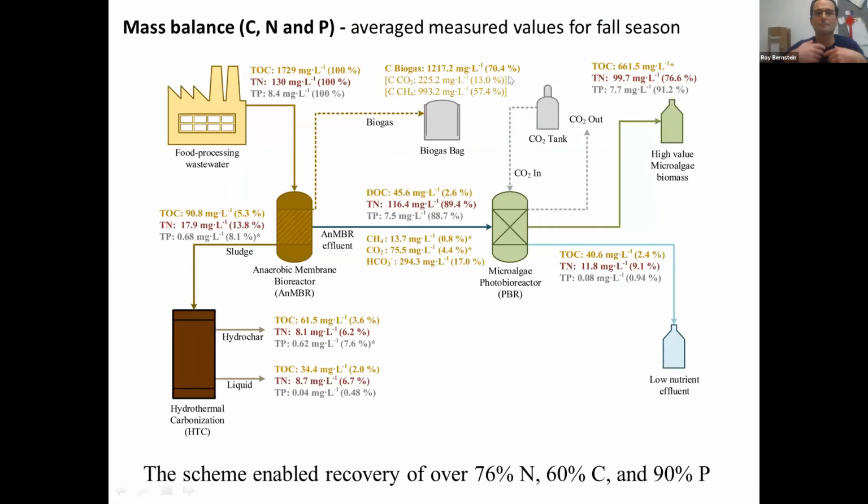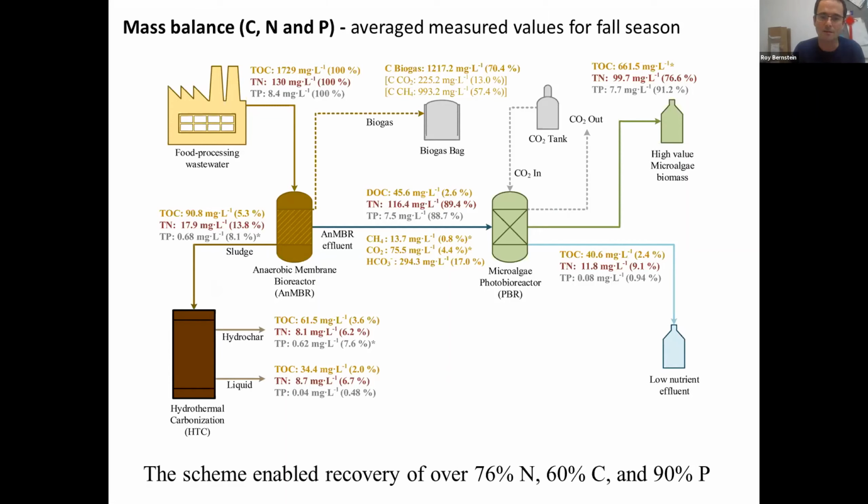Later, we did more advanced mass balance analysis. We're not going into the whole details here, but we looked at the TOC, TN, TP in the inlet stream, and we measured the composition of the effluent in the end, in the algae, in the hydrochar, in the liquid, in the solid.